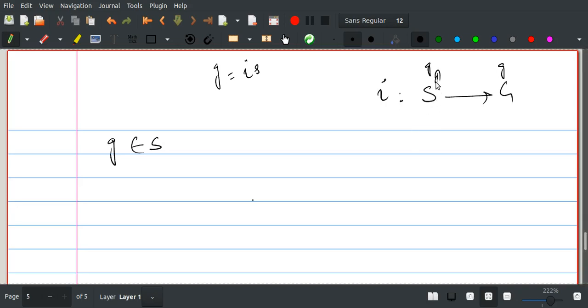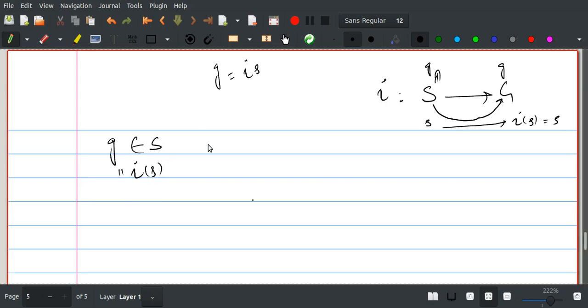Every element of S lies in G, because S is subset of G. So g will be equal to some element, say s, such that g is I of s.